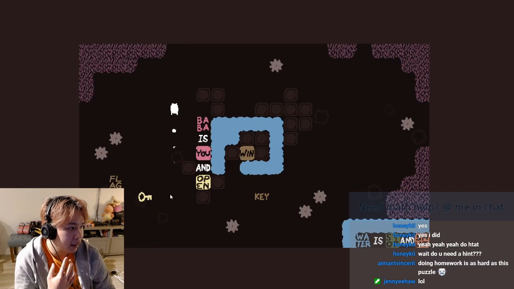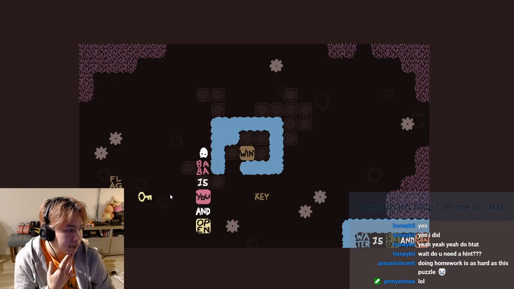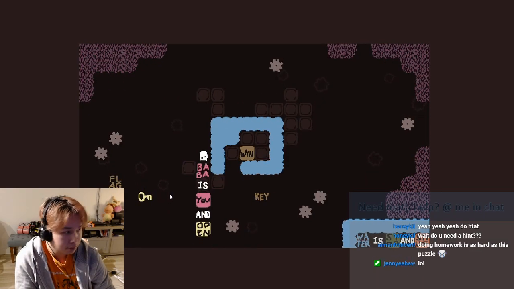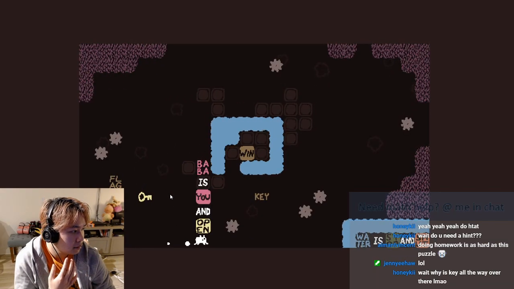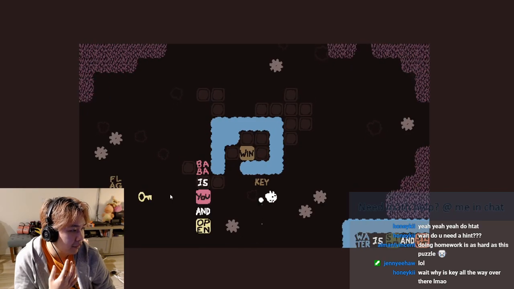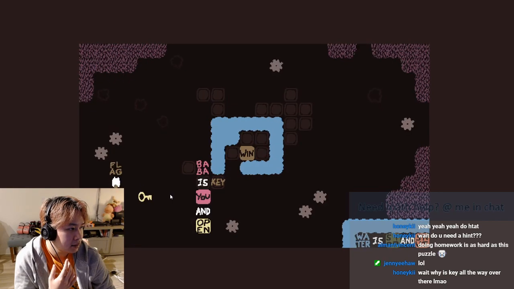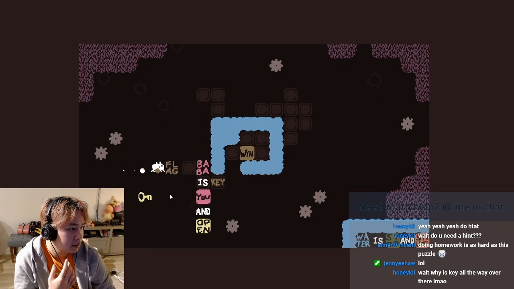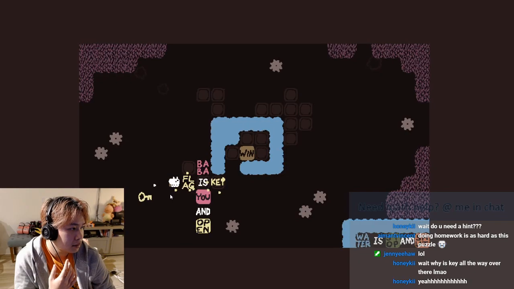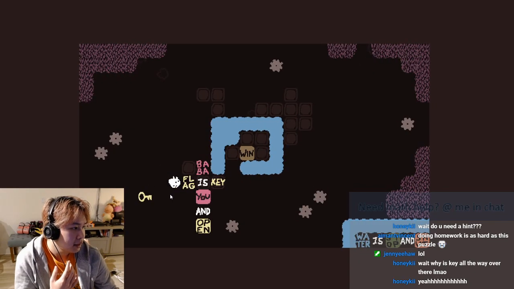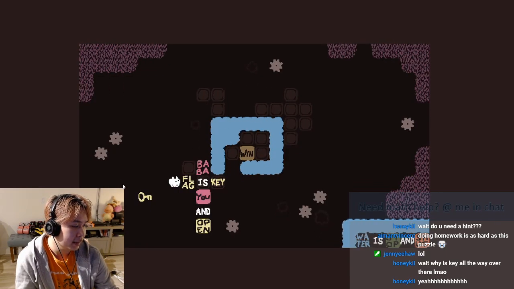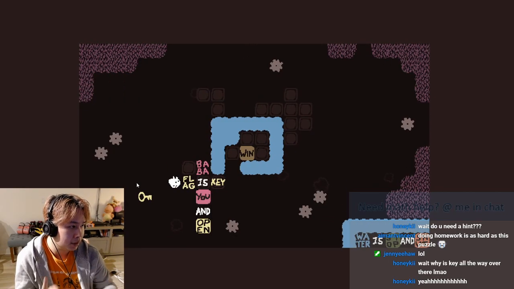So, I think... I say flag is key, now I have two keys. There was a flag right behind this corner in my camera, and then now I have two keys. So then this deals with my double issue thing.